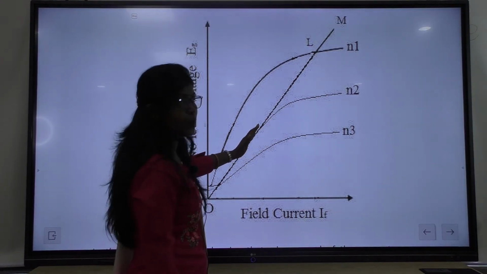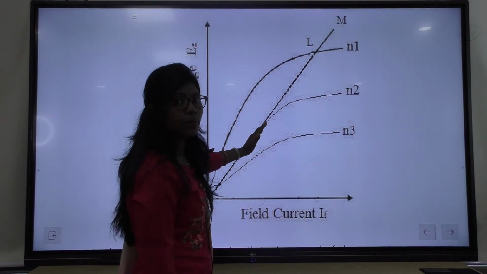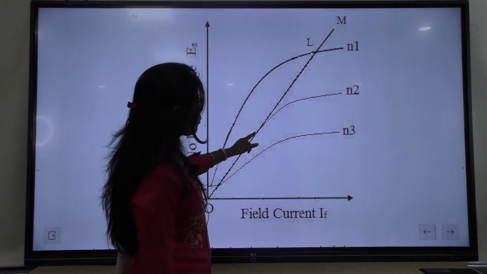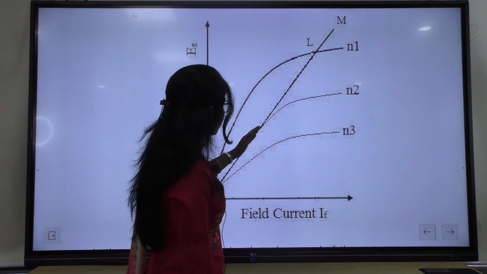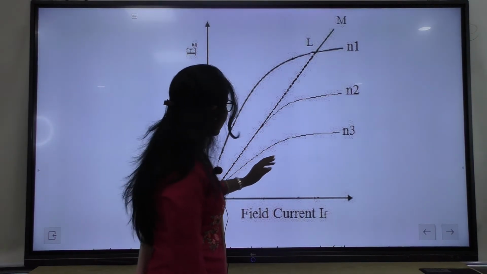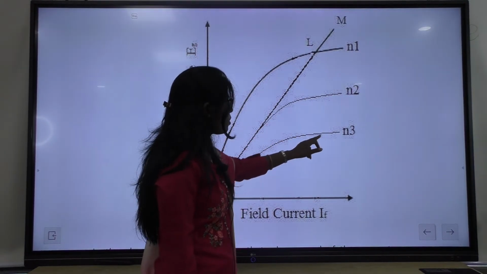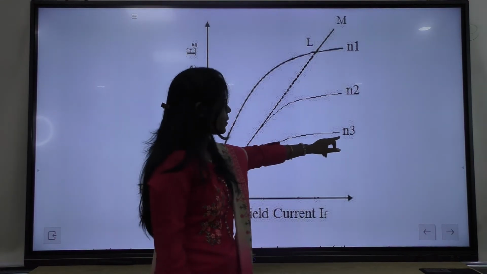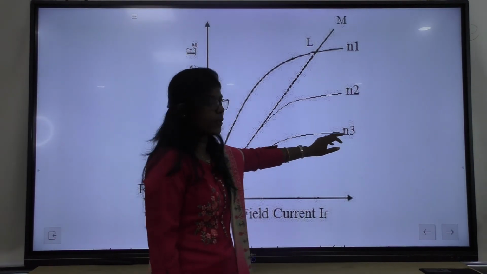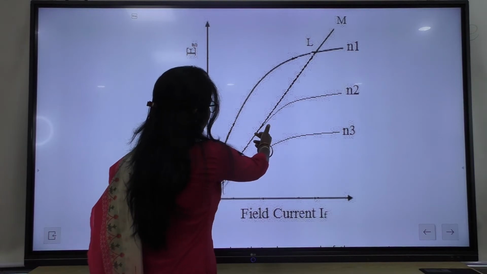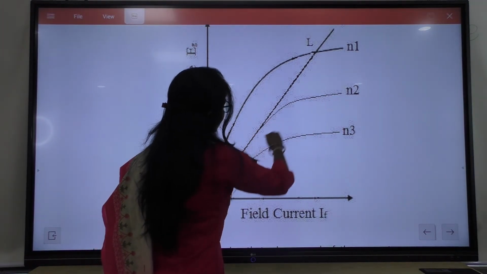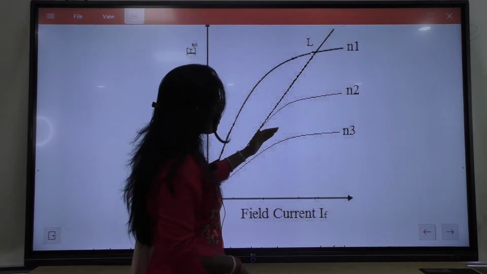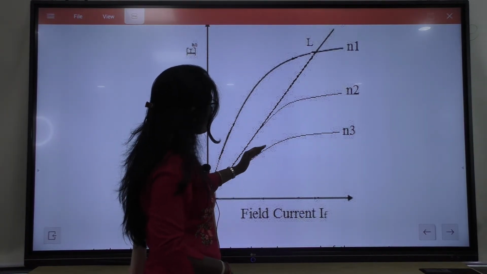Critical speed is the minimum speed at which the generator can build up voltage. Look, if we go above it, then this represents the OCC for speed N3. This is my NC, critical speed. If the OCC is below the critical speed, so this is the minimum speed.